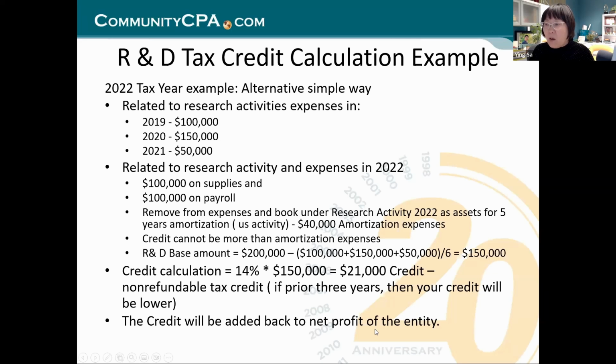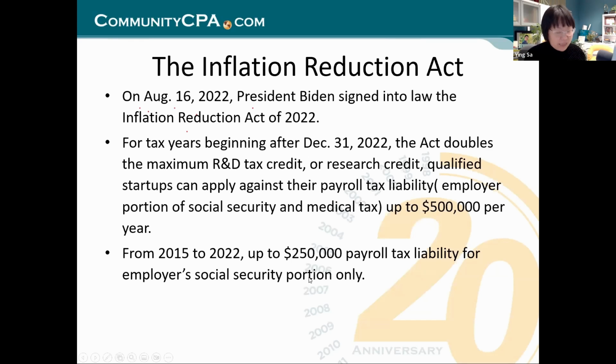Okay, now I want to talk about the Inflation Reduction Act. This is a new law that came out August 16, 2022. President Biden signed it into law. In this law, it says that using the R&D tax credit against your payroll taxes is allowed.